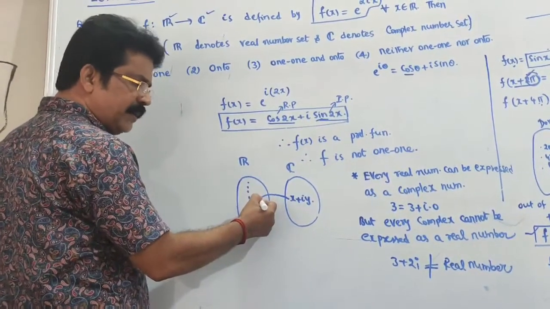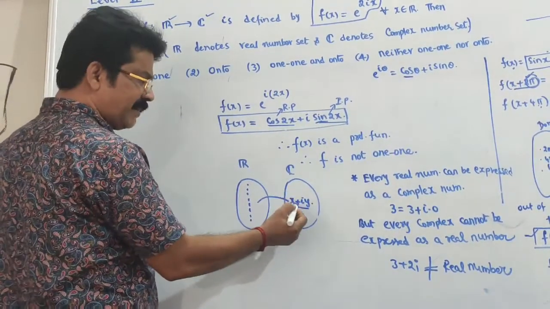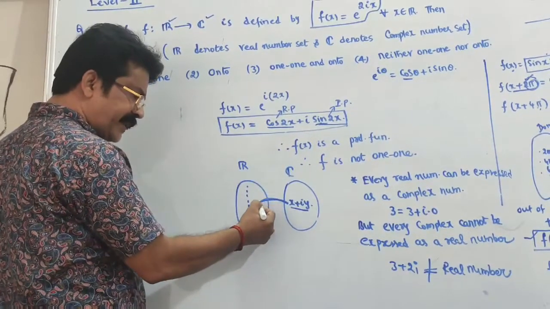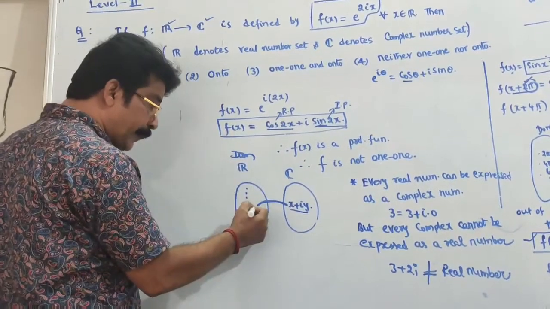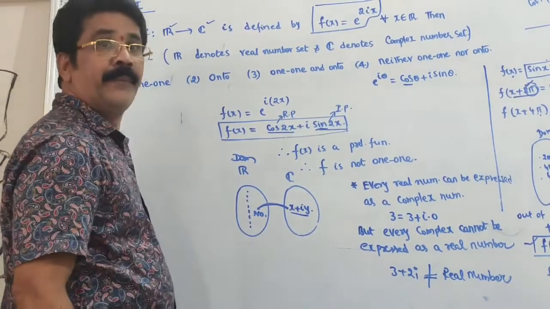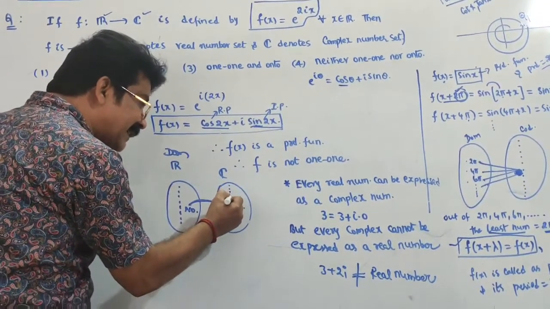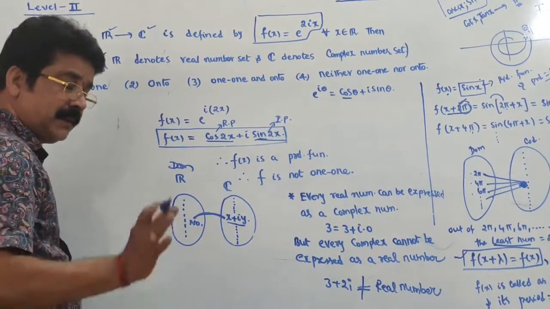I will put one question: for this complex number, will there be at least one pre-image in the domain? No. The answer is no. Therefore, in the second set we have all the complex numbers.